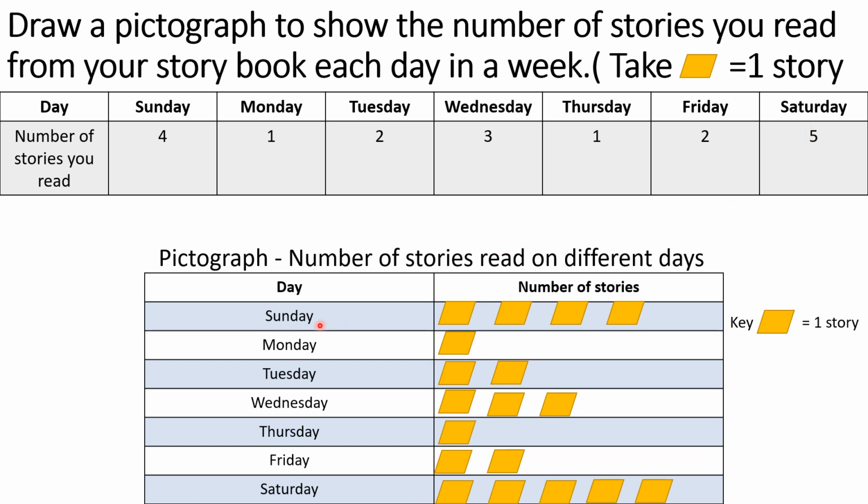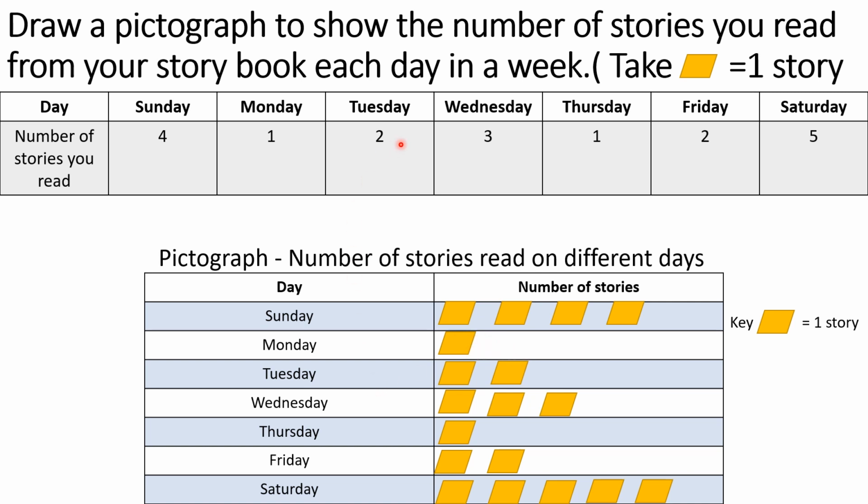Now what we will do? For Sunday we will draw 4 symbols because there are 4 stories. It means one parallelogram for one story and 4 parallelograms for 4 stories. So 1, 2, 3, 4. For Monday, because there is one story, it means 1 parallelogram.